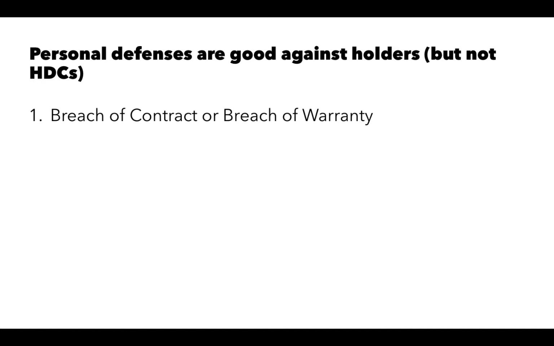When there's a breach of the underlying contract for which the negotiable instrument was issued, the maker of a note can refuse to pay it, or the drawer of a check can order his bank to stop payment. Breach of warranty may also be claimed as a defense to liability on an instrument. So that's a defense that is good against the holder, but not against a holder in due course.